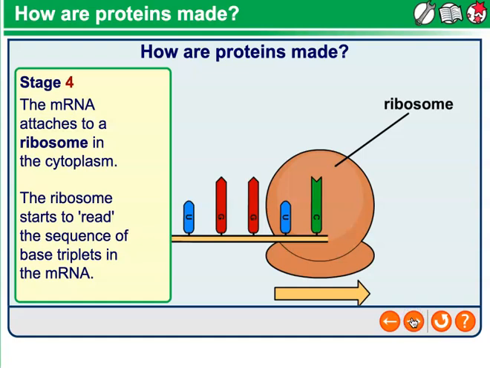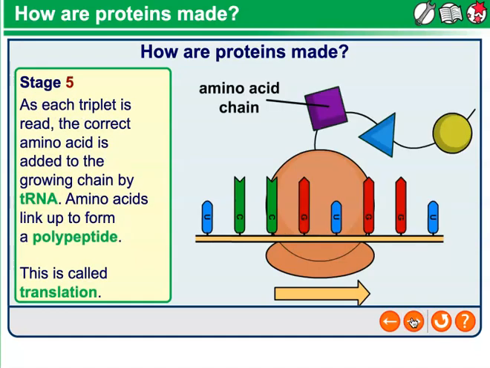Stage 4, the mRNA attaches to the ribosome in the cytoplasm. The ribosome starts to read the sequence of base triplets in the mRNA. As each triplet is read, the correct amino acid is added to the growing chain by tRNA, or transfer RNA. The amino acids link up to form a polypeptide chain.